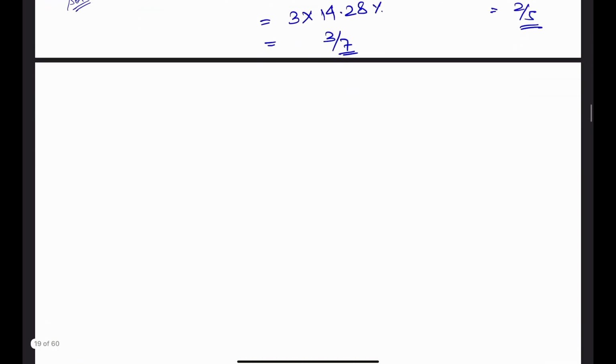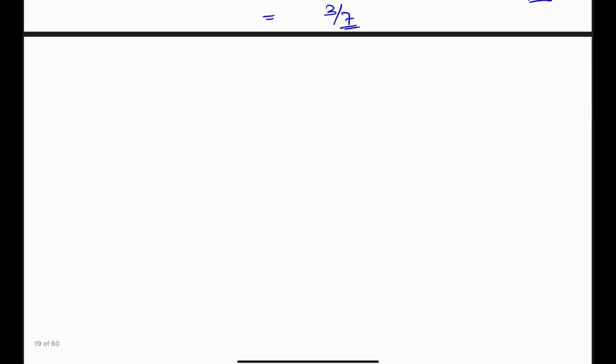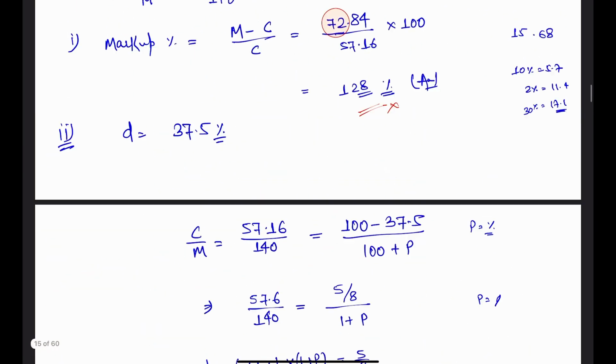The formula which I remember earlier, that is C upon M equal to, if M is here, so here will be 100 minus discount, and here C is there, so 100 plus profit. So this is when the D and P are in the percentage terms, and this is what we did earlier.